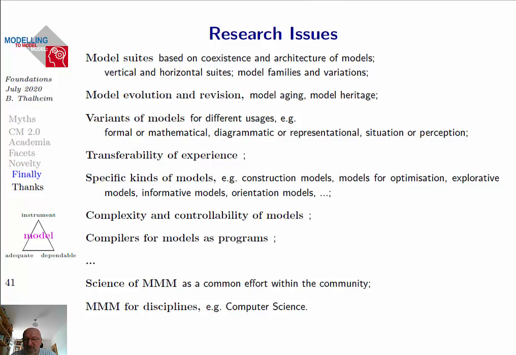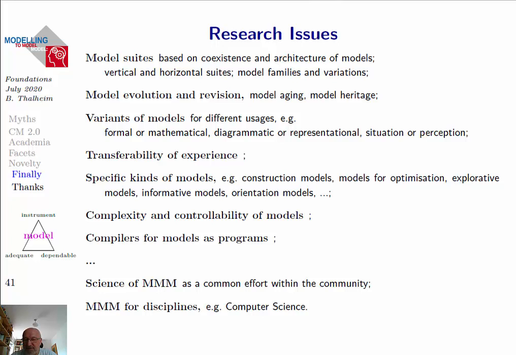Maybe we should have a good way to form the MMM community, the MMM academia. Then in this case we need to have some kind of experience that can be transformed. We can consider specific kinds of models, specific stereotypes. We should also be able to control models, activities to models and modeling, and should be able to handle complexity.